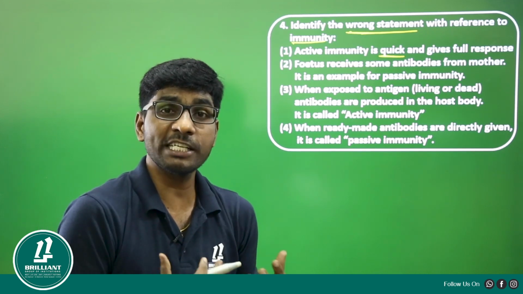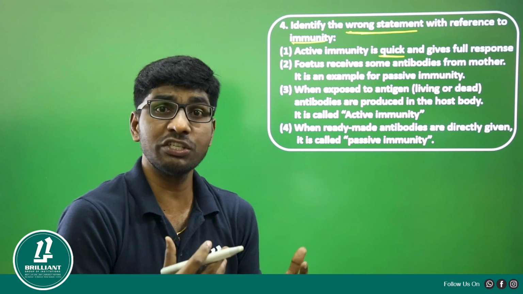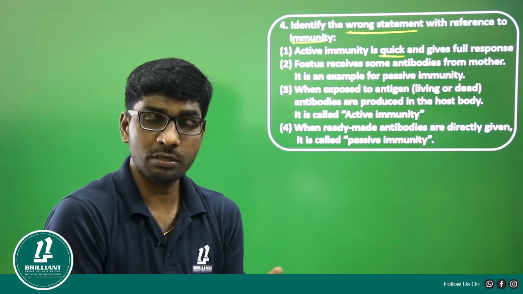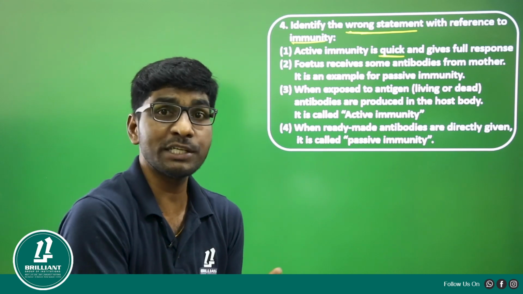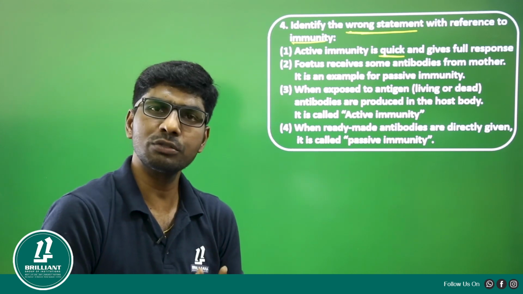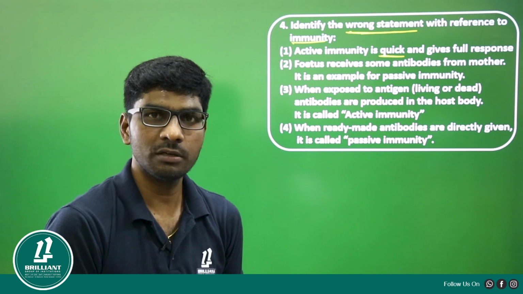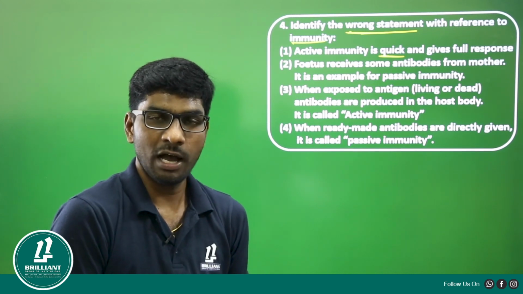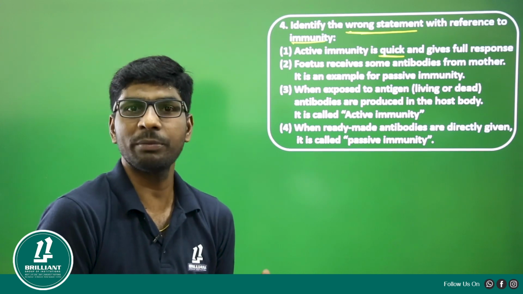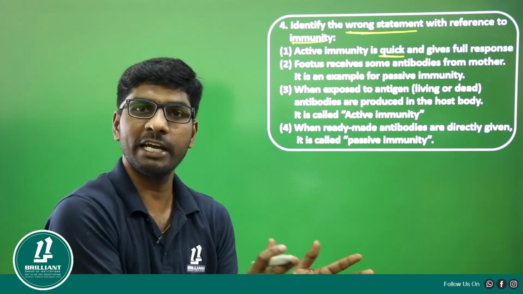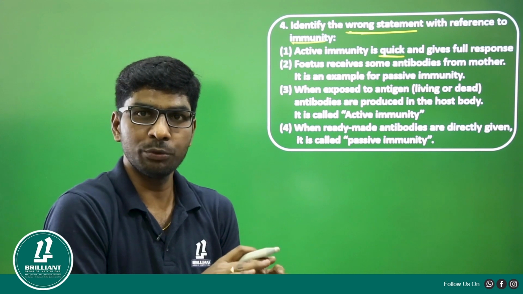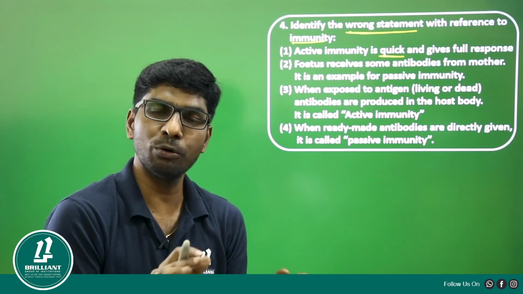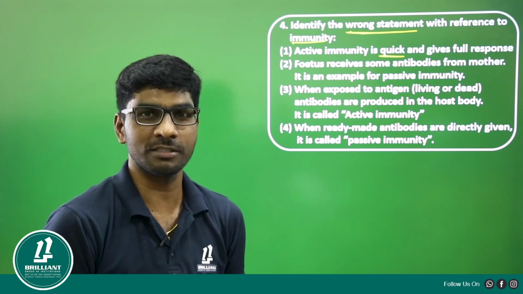When an individual is exposed to the antigen, antibodies are produced in our body and they fight against that antigen. Is this a slow process or a quick process? When any person is exposed to antigen, our antibodies naturally release from the B cells, right? And they fight against the antigen. They neutralize. But this process will take time. It is the slowest process. It is not a quick process.